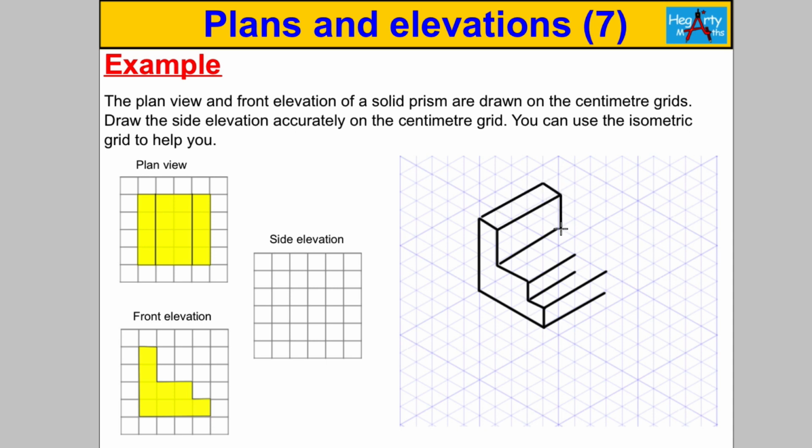So joining all those dots together, you would have something that looks like this. That's only 3. I've just realized that should be over here. So just correcting that, that would go to there, and that should go to there. So it should be like this.